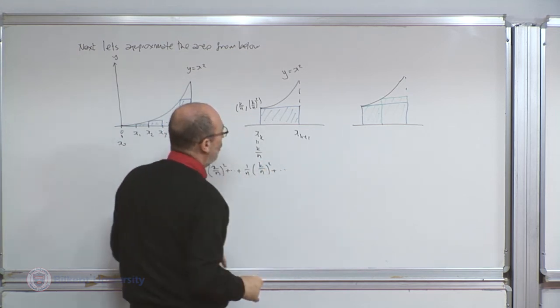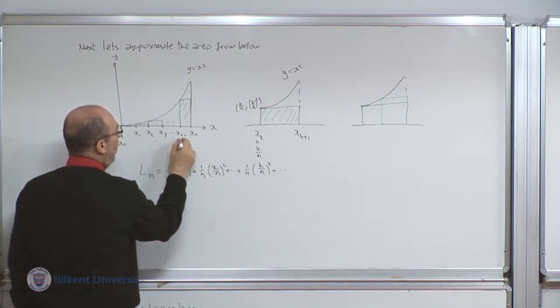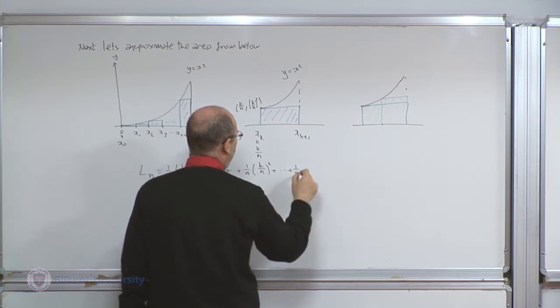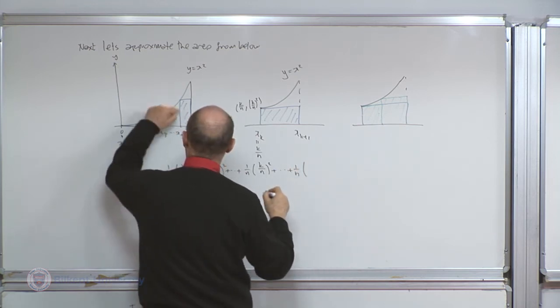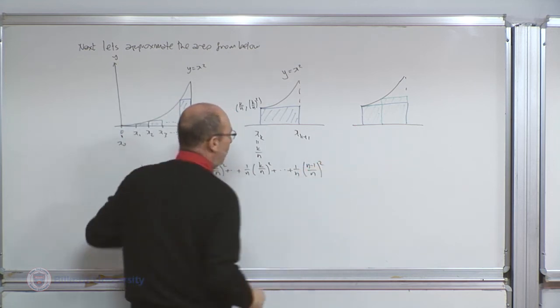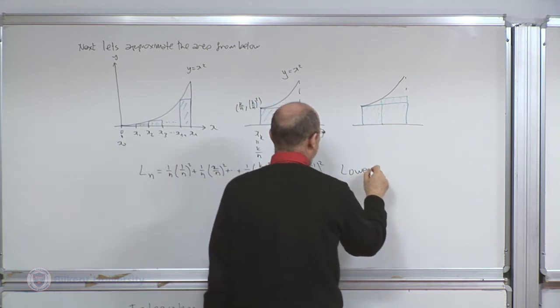Where do we stop? We have to stop at n minus 1, where the base is 1 over n and the height is (n minus 1) over n squared. So this is the lower Riemann sum.